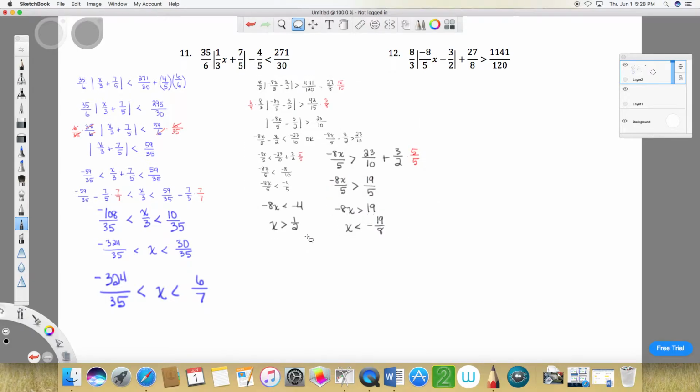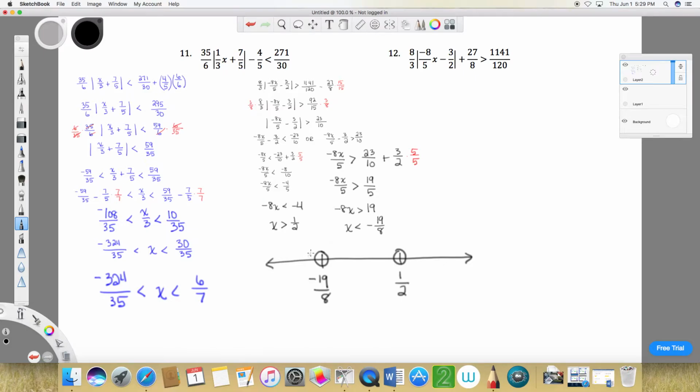And then we'll check my key to make sure that I haven't made some silly arithmetic error, and it's possible. So this negative 19 over 8 is to the left of 1/2. When I look at the original inequality, it's a strict inequality, so I'm not going to include my endpoints. And the arrow was pointing away from the absolute value, so I know I'm not going to shade the middle portion.